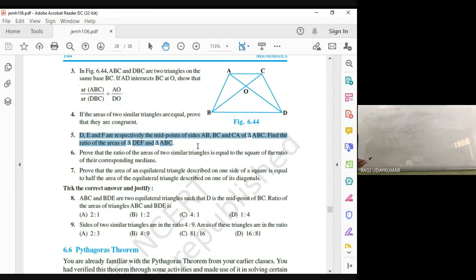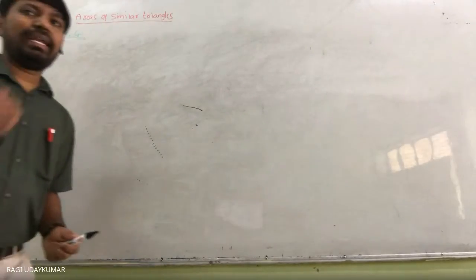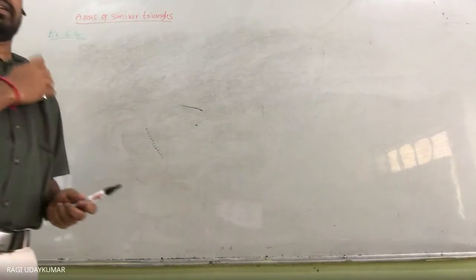So DEF are the midpoints of the triangle ABC. D is the midpoint of AB, E is the midpoint of BC, F is the midpoint of AC.